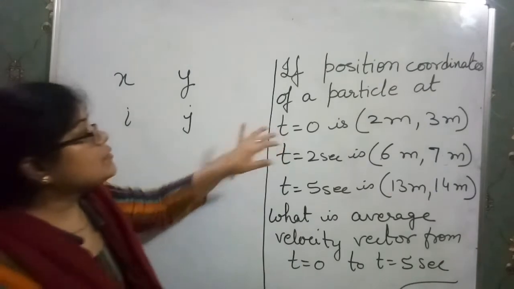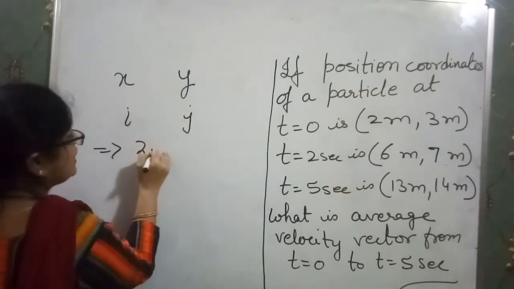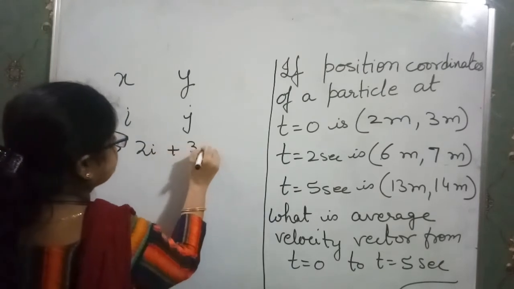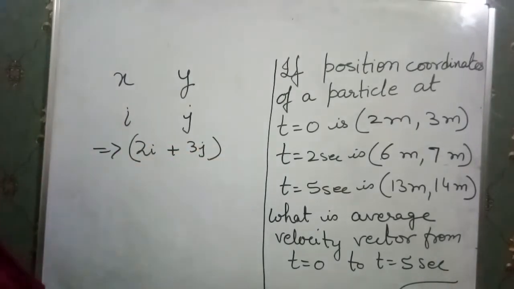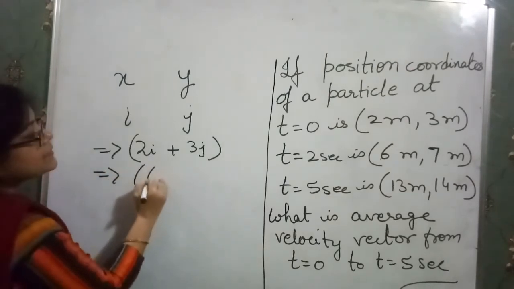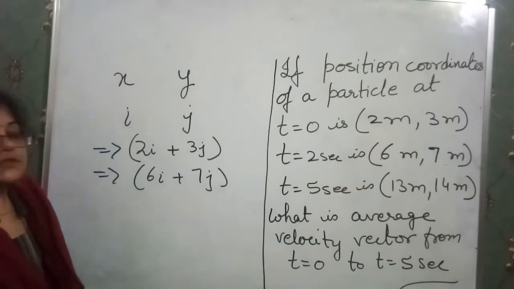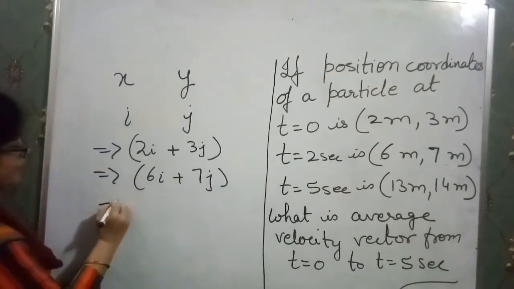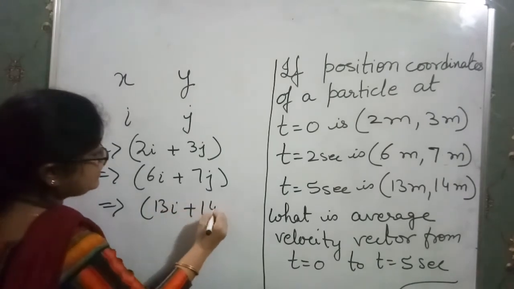So for time equal to 0, the position of the particle is 2i plus 3j. Clear? Now for time t equal to 2 seconds, we have 6i plus 7j. Similarly, for time t equal to 5 seconds, we have 13i plus 14j.